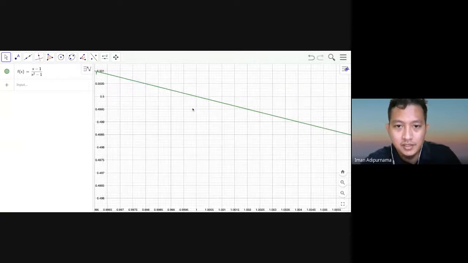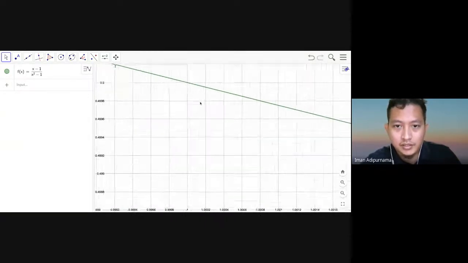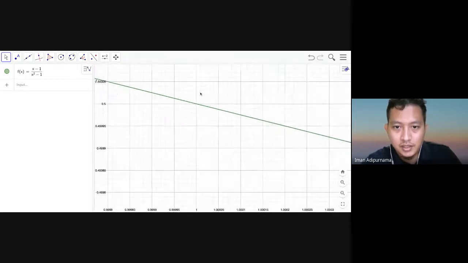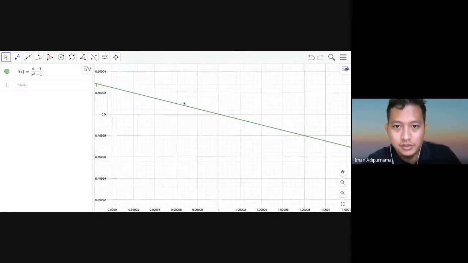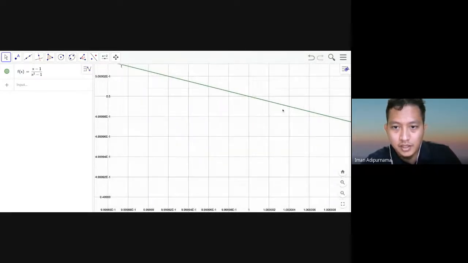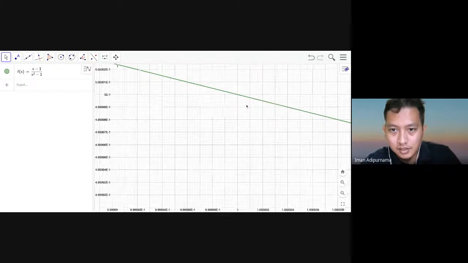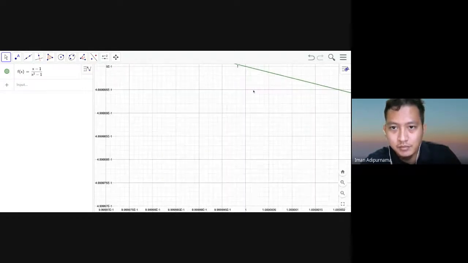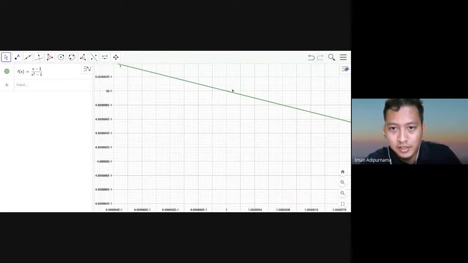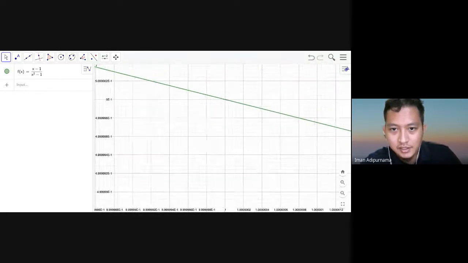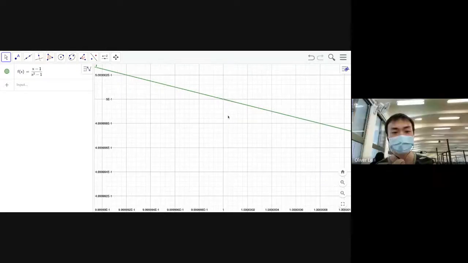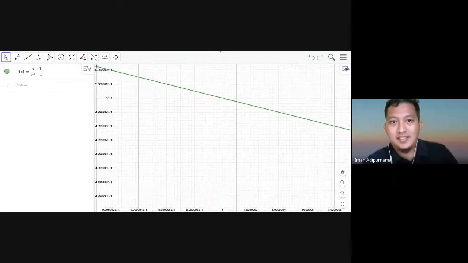Wow, it's still a good line, right? Still good after all this time. Can you see any displacement? Yes.